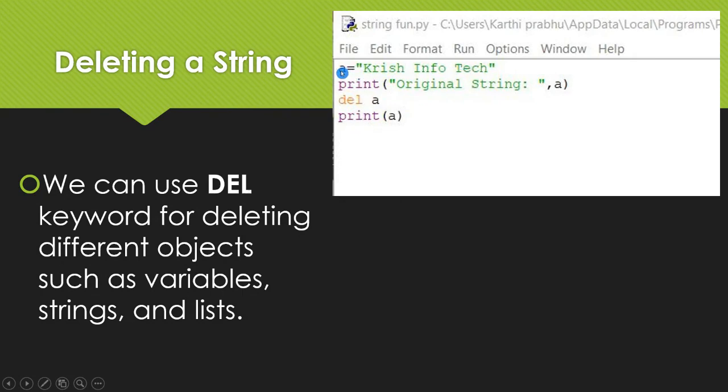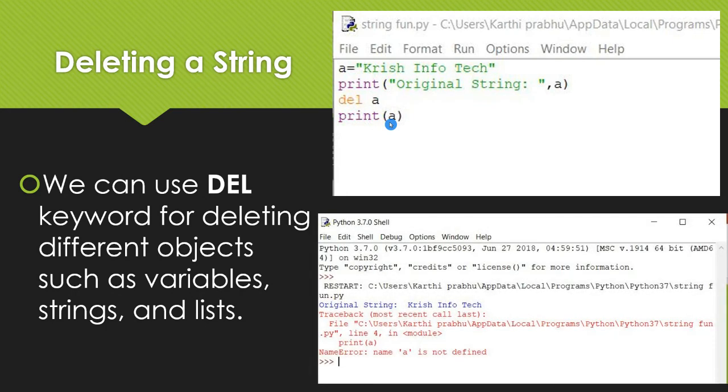Now I'm assigning a particular string to a. The original string will be printed in the next statement. Now I'm deleting this variable, so when you delete this variable, the value of this variable also gets deleted. Now print a, which means nothing should be printed. Actually, that should be our output. Now let us check the output. Yes, the original string Krish Infotech is printed.